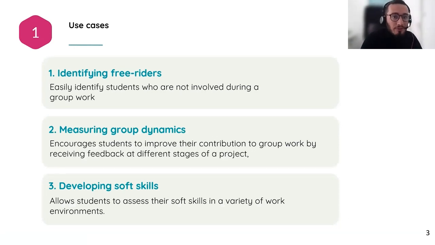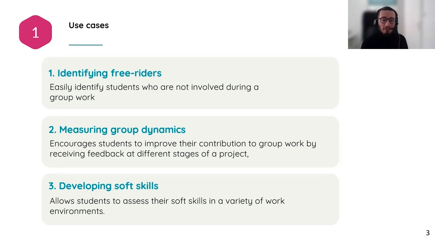Today we will see 3 different use cases. The first one is how to identify the free riders. The free riders are the students considered as not really involved during group work.